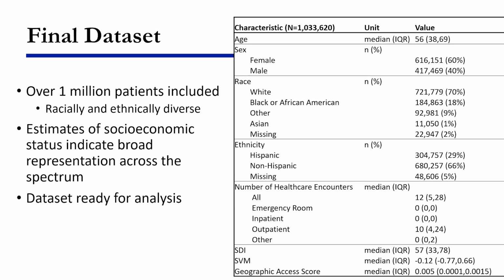And so we're right around there. SVM is, I think, negative 2 point something to positive 2 point something. And so we're right around 0. So again, good. And geographic access score, as we've shown, we have pretty accurate estimates within UF Health data and we've corresponded that with encounters with healthcare providers.